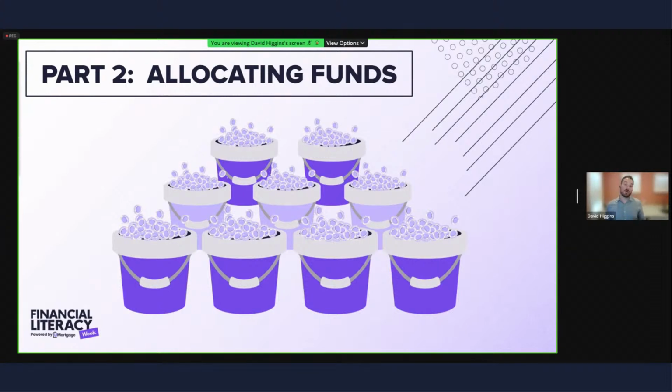Now, setting financial goals for yourself is extremely important. It's going to help you create milestones to work towards in the future. Setting a large goal is a great start, but setting smaller concrete milestones, little goals along the way, will help you maintain your motivation for sticking to your budget.